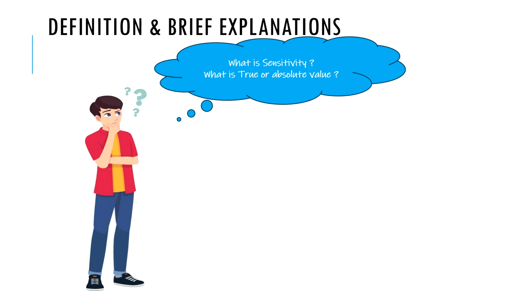Sensitivity tells us how much the output of an instrument changes for a given change in the input quantity. In simple words, sensitivity indicates how efficiently an instrument can detect a small change in the quantity being measured.